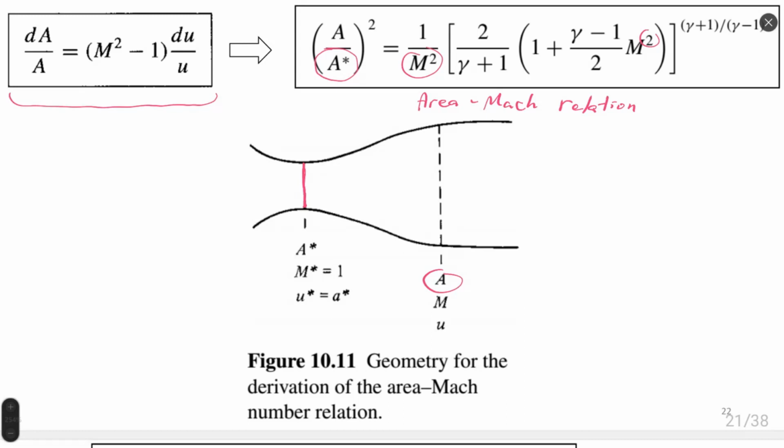One root will correspond to subsonic flow. It will give us a root of Mach less than 1. And the second root will correspond to supersonic flow. It will give us an answer for Mach higher than 1. Okay, which are both possible for the same value of area ratio.